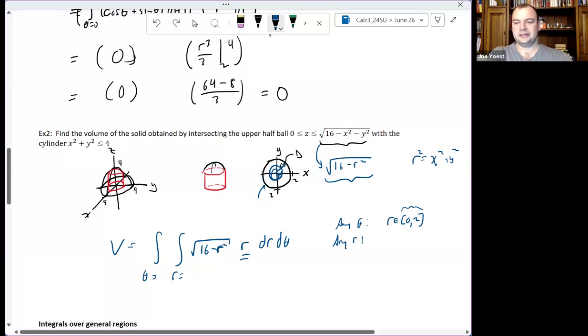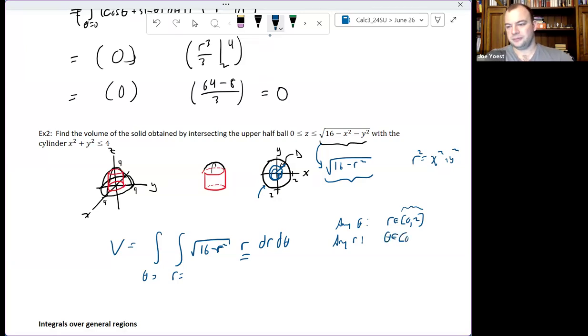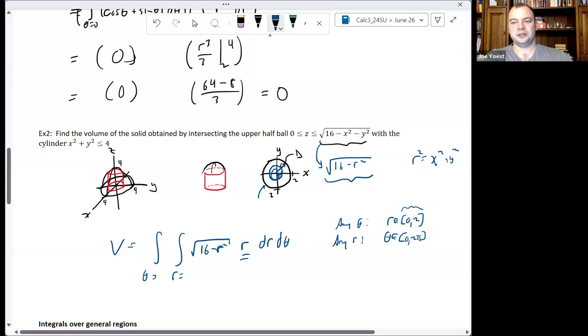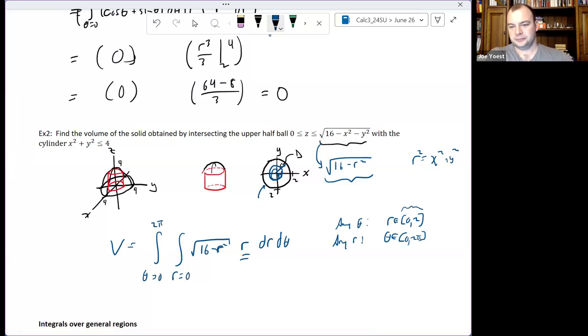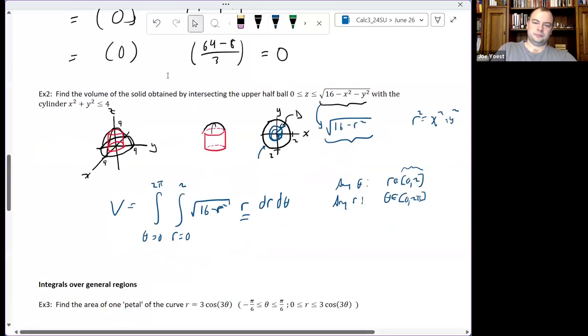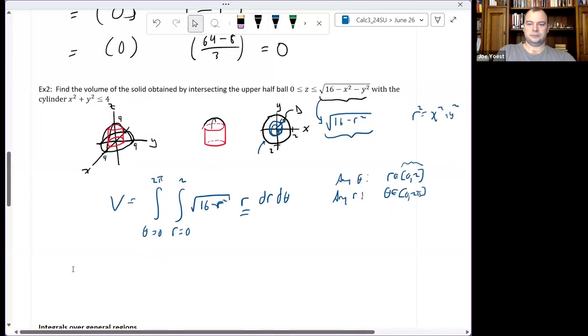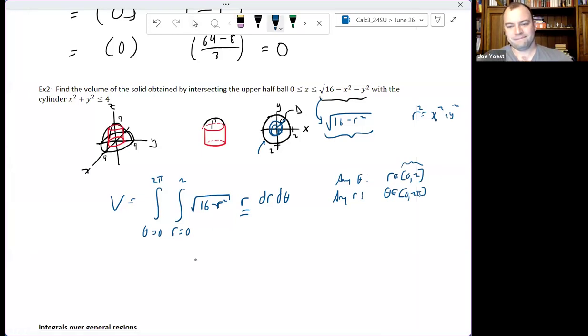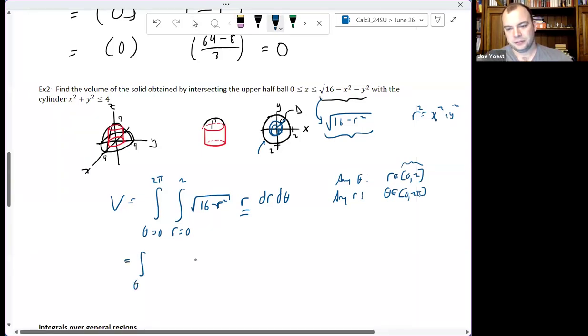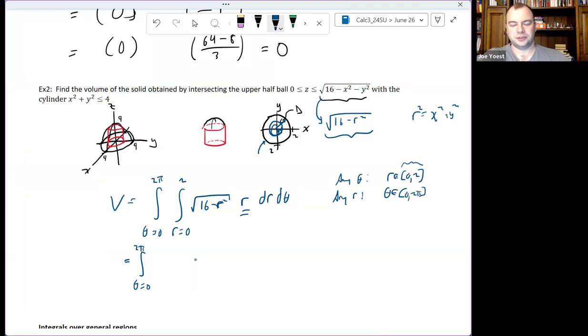Nothing like that. For any r between 0 and 2, I can pick theta any way that I want. And in this case, we're using a whole circle. We go all the way around, 0 to 2 pi. And if we wanted to, we could split these two integrals apart. I'll do them in an iterated fashion just to show the other way of doing it.